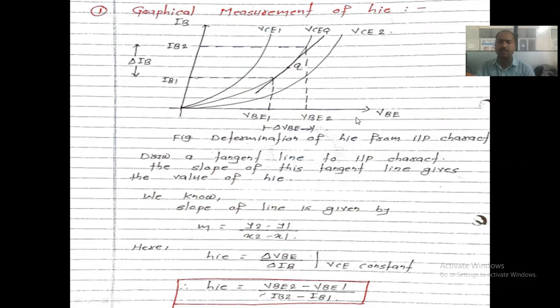We have to keep this constant and change the VB value. Due to changing the VB value, there should be changes in the base current. So it is delta VB divided by delta IB at a constant collector to emitter voltage. This is the calculation for the hie.